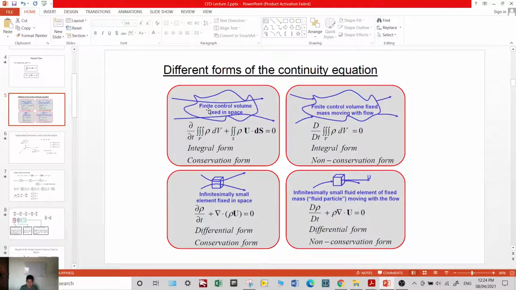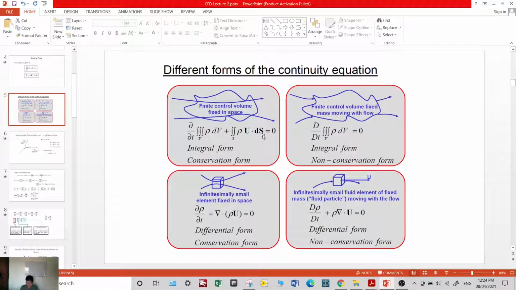First is you assume that the fluid is a finite control volume that is fixed in space. Okay, so the second one is you assume that the fluid is an infinitely small element fixed in space.